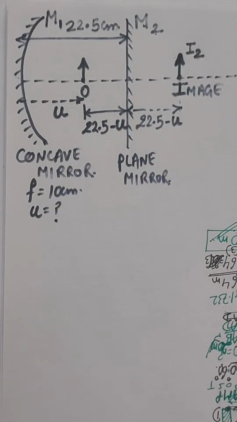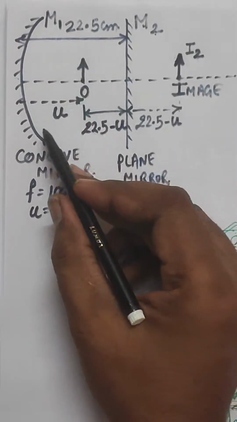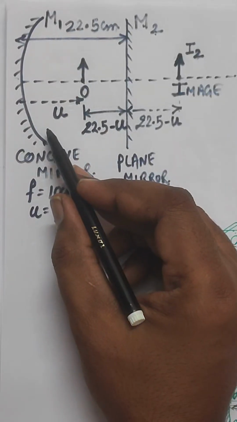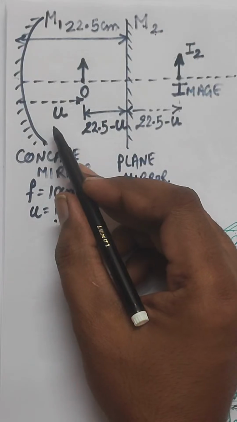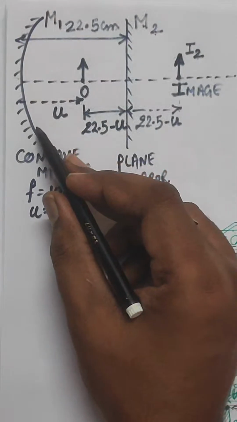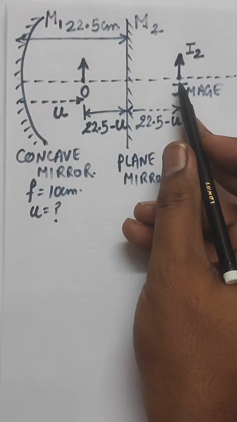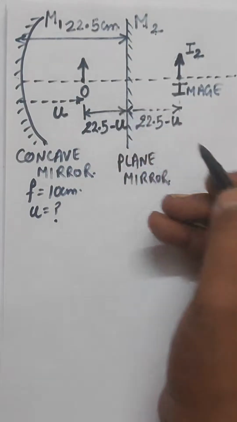Now since the concave mirror is M1, what should be formed? It will form a real and inverted image. This concave mirror will form a real and inverted image at the same distance.